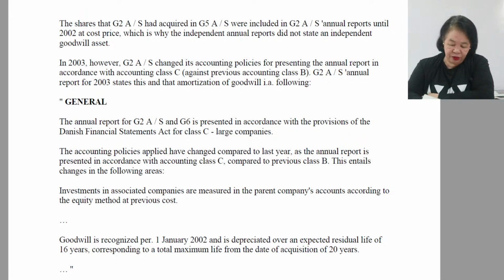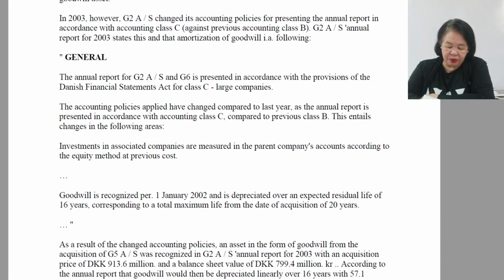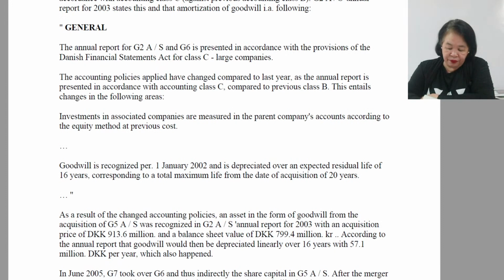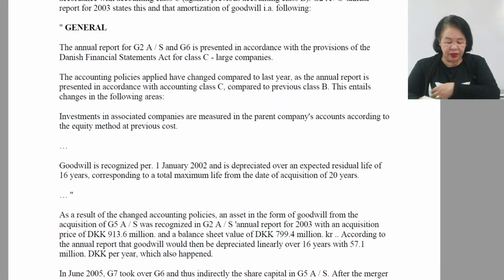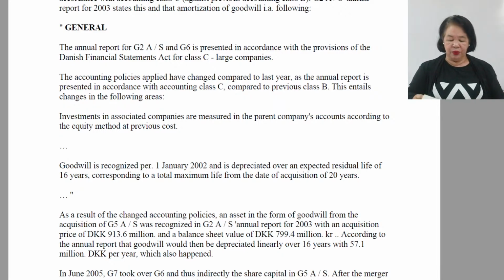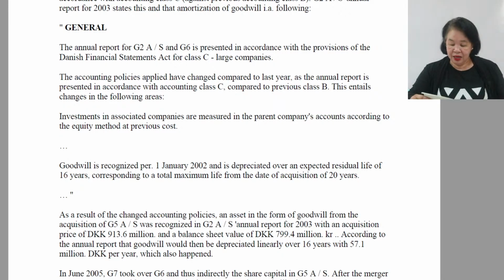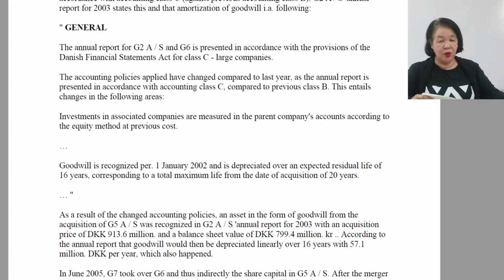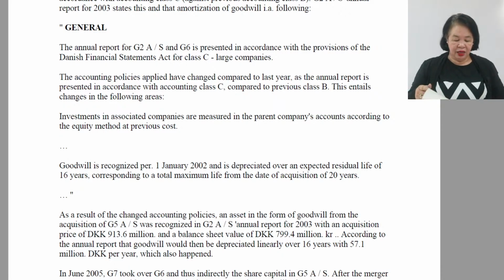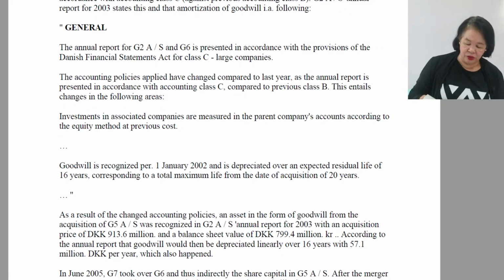So that is their valuation. And a balance sheet value of 799.4 million krone. According to the annual report, that goodwill would then be depreciated linearly over 16 years with 57.1 million Danish krone per year, which also happened.